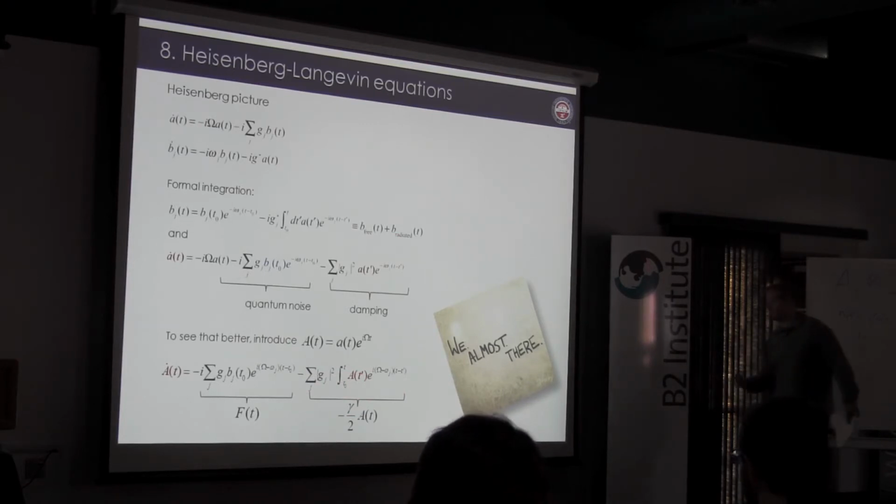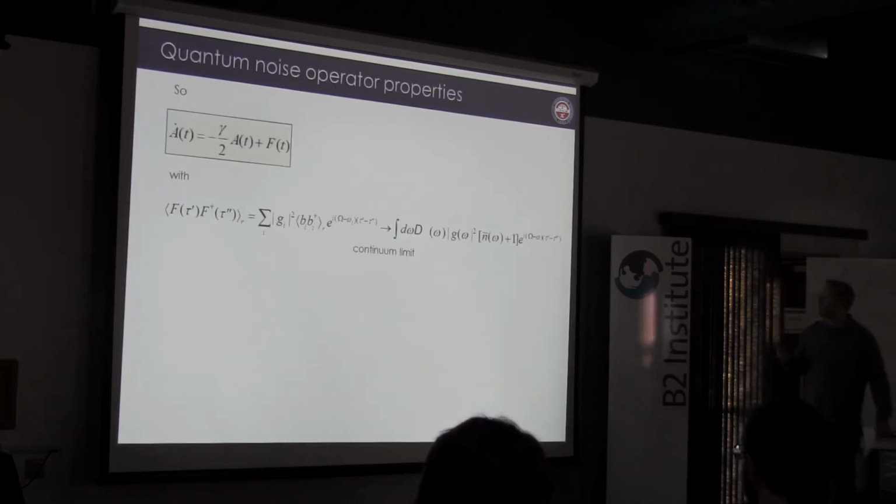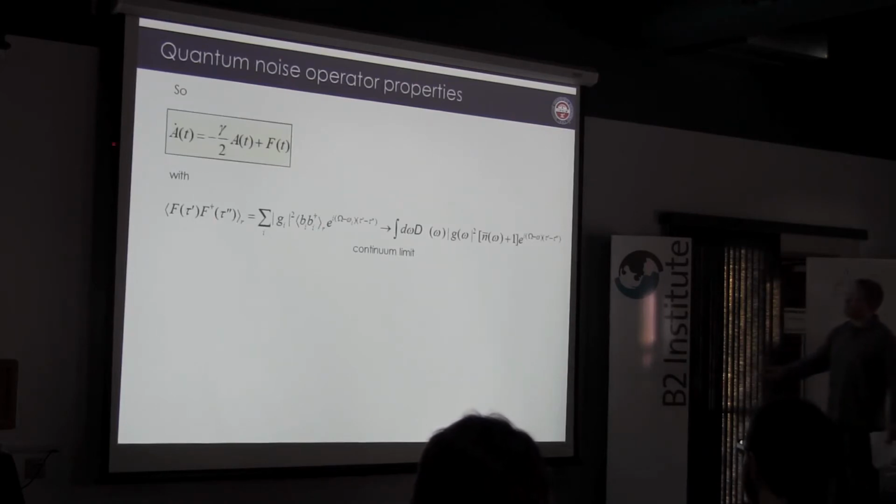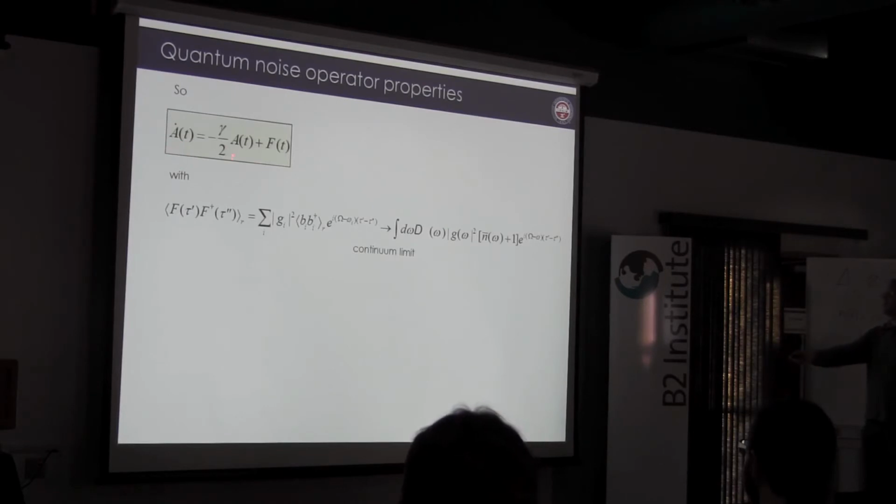We use the same tricks to make it work out. All right. Well, now we've gone through all that math, and we get what actually looks like a very simple equation for the operator A. It's damped, and it's got a quantum noise piece.